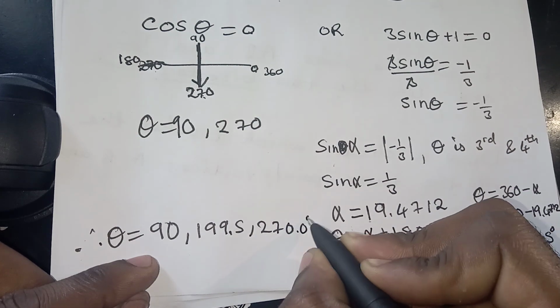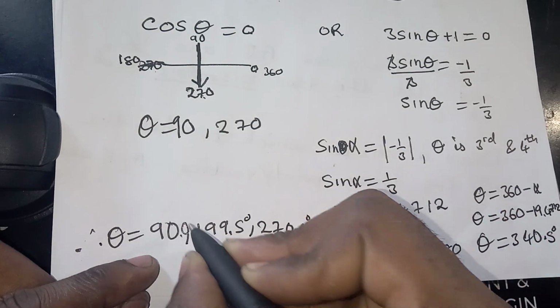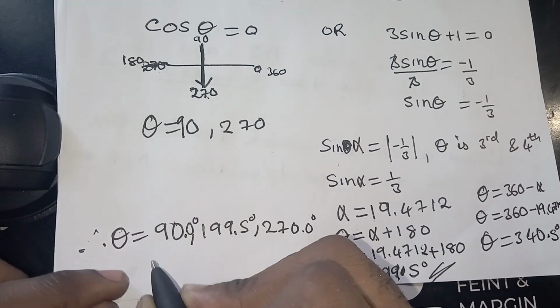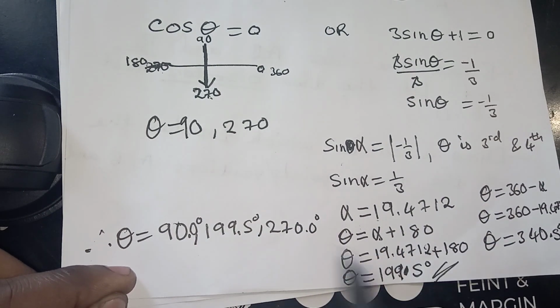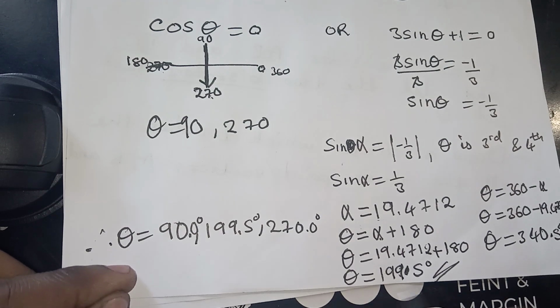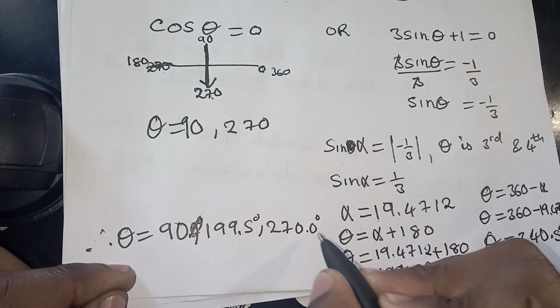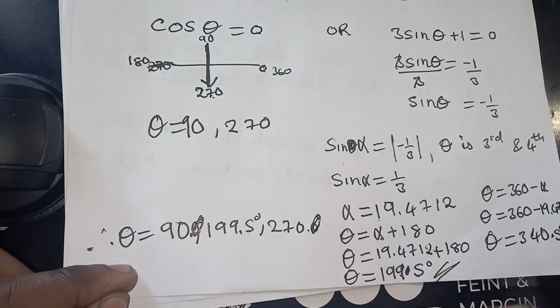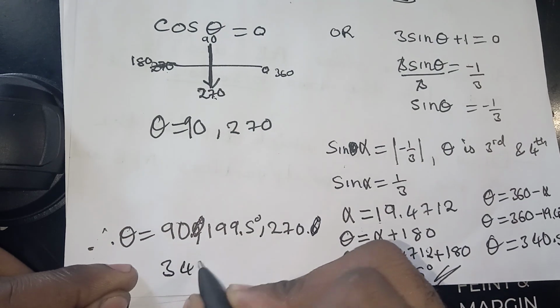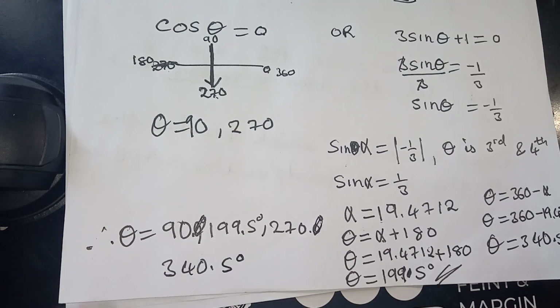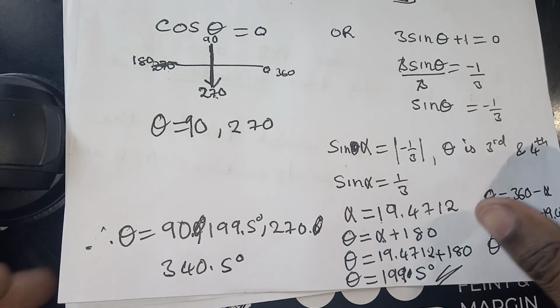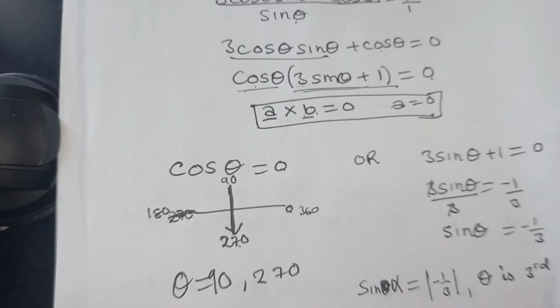Of course, this will be 270.0. Remember, angles must all be rounded off to one decimal place. Maybe this may not be necessary. And then the last one is 340.5 degrees, and this is it for this part.